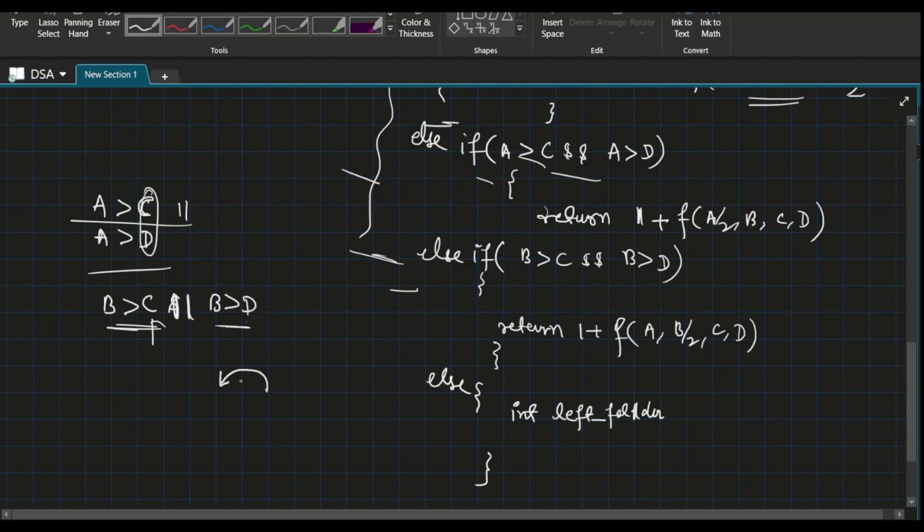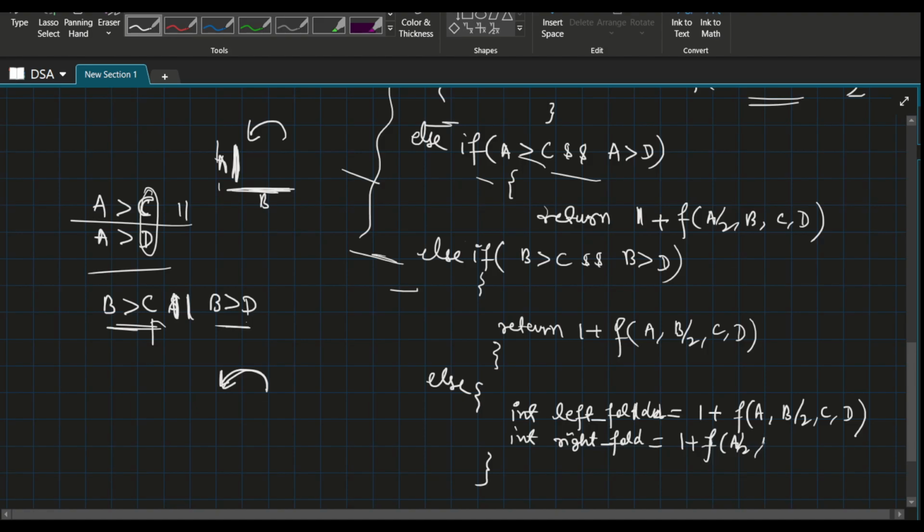If we fold our length according to this, then our function will be 1 plus F, and if we have considered this A length and this B length and folded like this, then it is reduced to half, so it will be A by 2, B, and C and D. And if we do a right fold, then it will be 1 plus F of A, B by 2, C, D. Whatever is the minimum of these two, we will simply return the minimum of left fold or right fold.